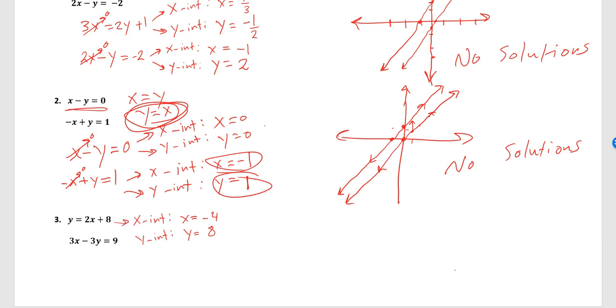For the second, we have an x-intercept of x equals 3 and a y-intercept of y equals -3.